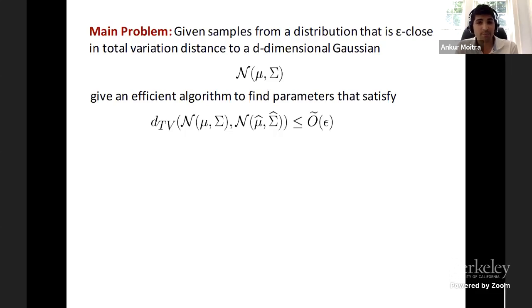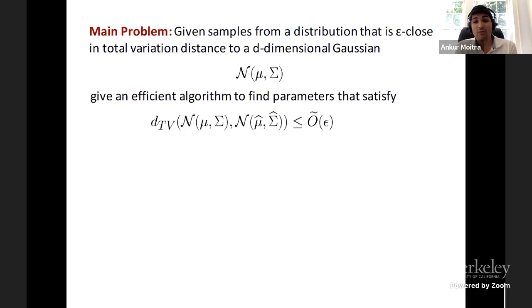So now let me make good on one of the promises that I made before, which is, in 1D, it really didn't matter a whole heck of a lot how you define what it means for the parameters that you estimate and the true parameters to be close. But actually in high dimensions, it matters a whole heck of a lot. That's because if you think about how close I want sigma and sigma hat to be, those are d by d matrices. So, do I want them to be close in terms of the spectral norm of sigma minus sigma hat?